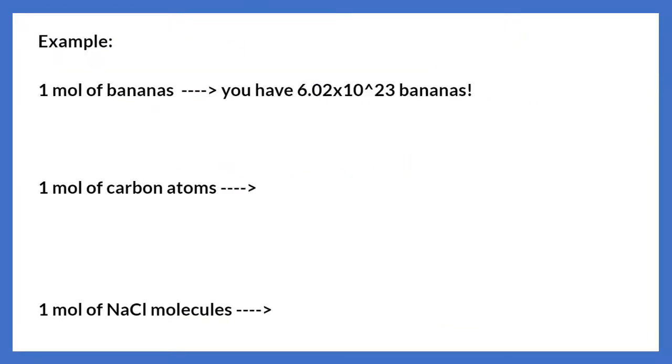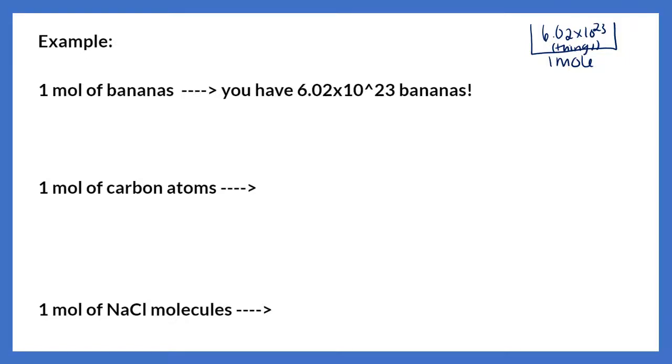So let's practice a bit with these examples on this page. So we know that we have this mole box, and in the box there are 6.02 times 10 to the 23 things.